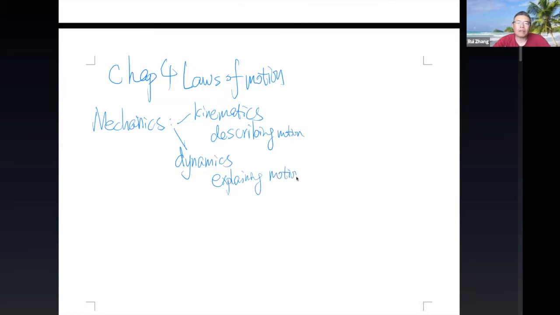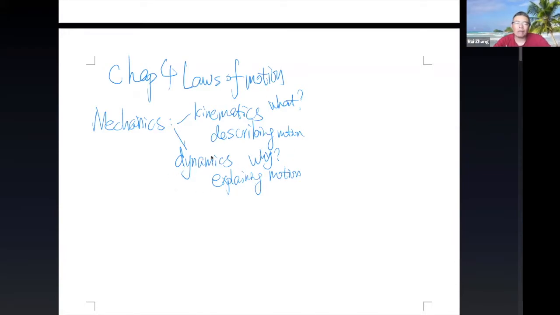We're done with kinematics already in chapters 2 and 3. Now we're going to go to dynamics, which is explaining motion. So kinematics is the question of what, and dynamics is the question of why. Certainly the second kind of question is more fundamental, because physics cares about understanding nature, so we need to develop an understanding of why.